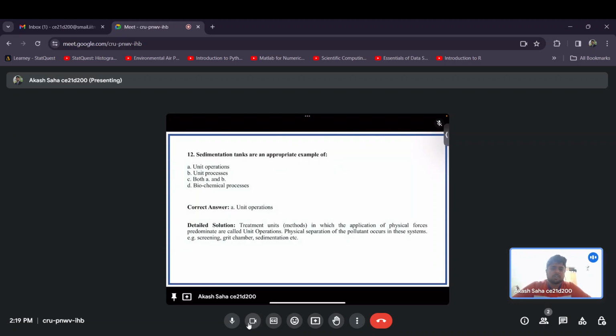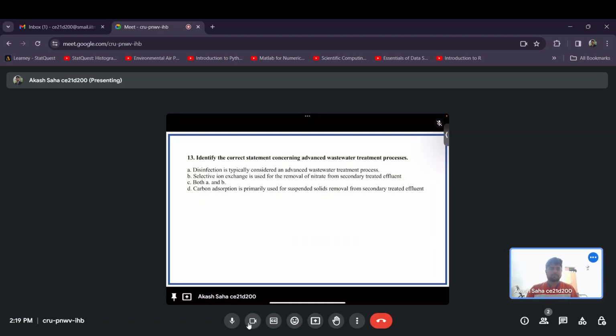Where some kind of chemical or biological thing is happening, for example, the aeration tank in the activated sludge process. But here we are talking about unit operations in which the physical forces predominate. It is simple.